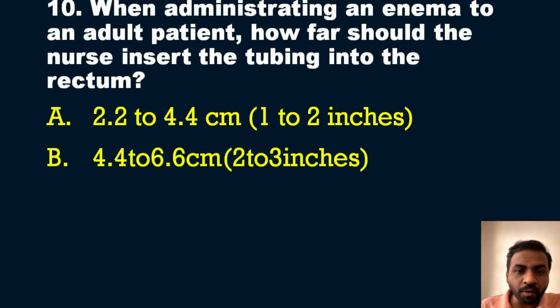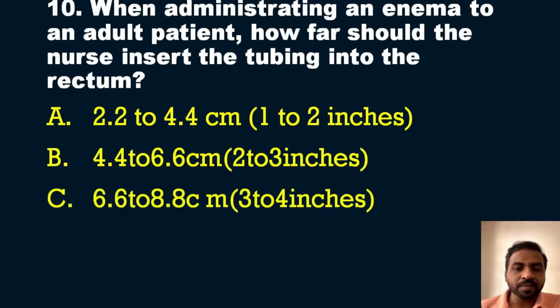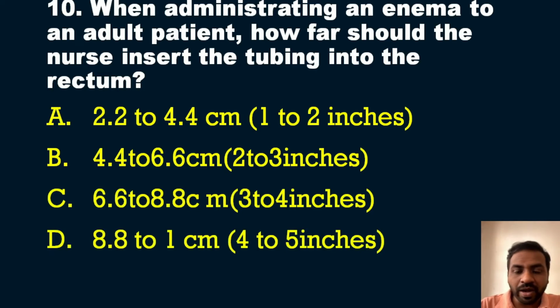Option B, 4.4 to 6.6 centimeter or 2 to 3 inches. Option C, 6.6 to 8.8 centimeter or 3 to 4 inches. And option D, 8.8 to 11 centimeter or 4 to 5 inches. So what is the answer?